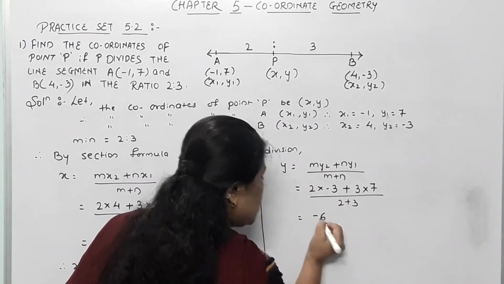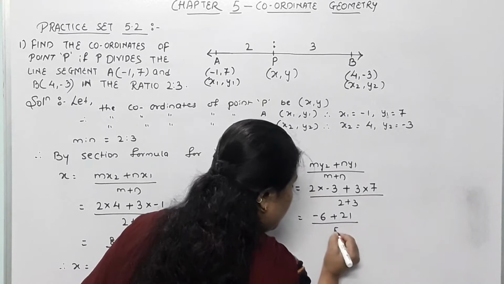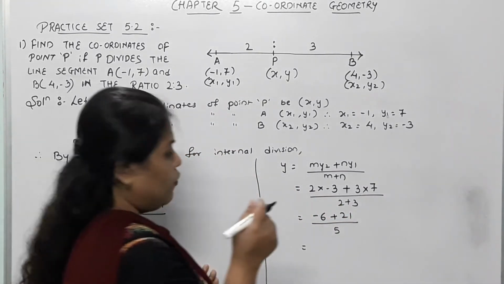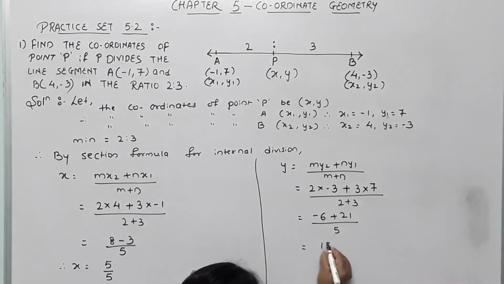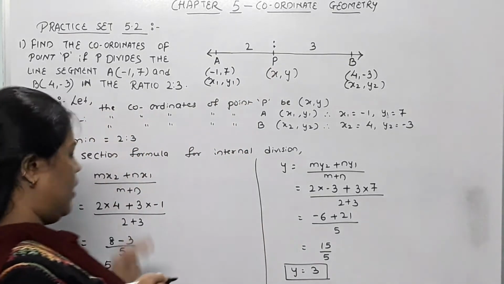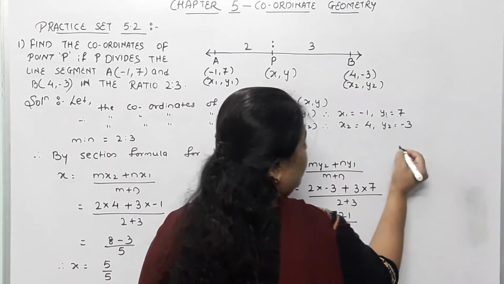Here 2 threes are 6, so -6 plus 3 sevens are 21 upon 5. Now 21 minus 6 will be equal to 15. So 15 upon 5, y equals 3. So the coordinates of point P are 1 and 3. This we will write as our final answer.